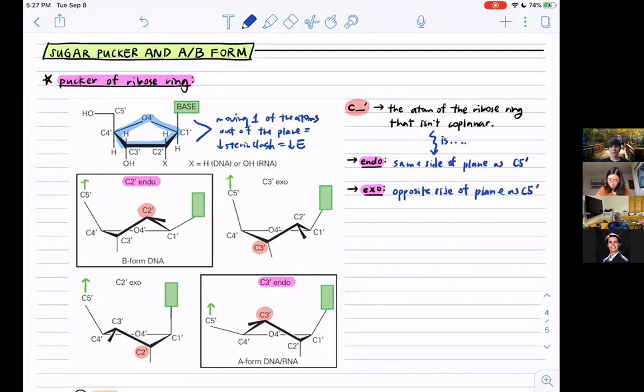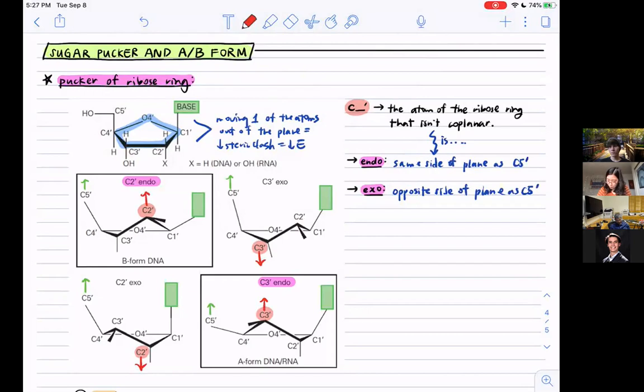Okay, and so we can just go through the diagram and see that here. So here the 2' carbon is facing the same direction as the C5 prime, that's endo. Here it's the same direction, that's endo. Here it's in the opposite direction, that's exo. And here it's in the opposite direction, and that's exo.